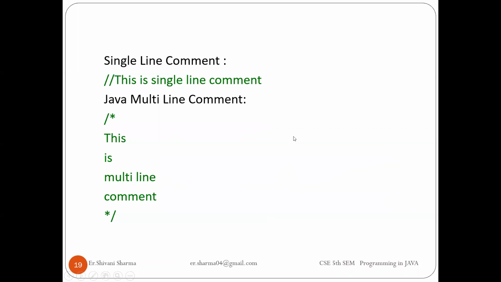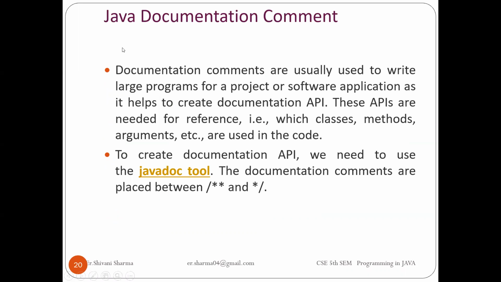Now you can see in this slide also the way we can represent the comments. The single line comment can be represented with the double slash, similarly to C++. Multi-line comments can be written with a slash, asterisk, then the set of statements, then an asterisk and slash. That is called the multi-line comment. And documentation comments will be used while making any software application, while creating any API, and then you have to use the Javadoc tool.